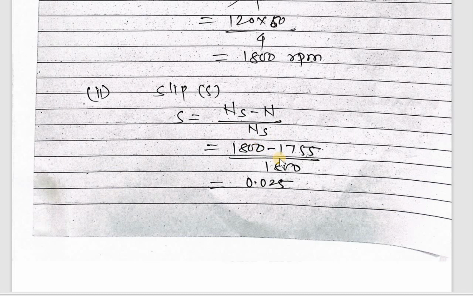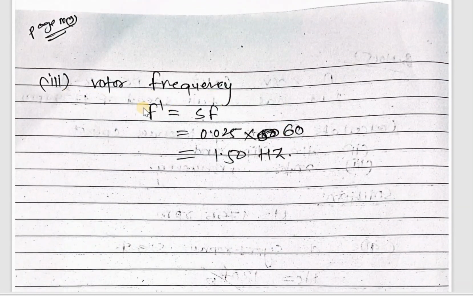So put the value of Ns and N, we can get the value of slip. And the rotor frequency, we know rotor frequency equal to S into f, that is slip into frequency, so 0.05 into 60, that is 1.50.